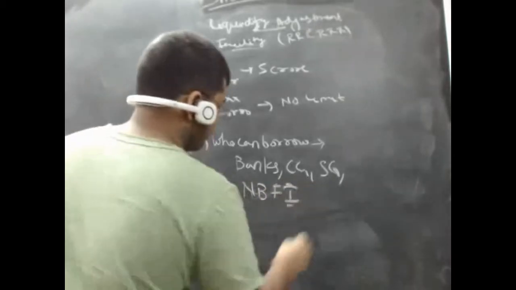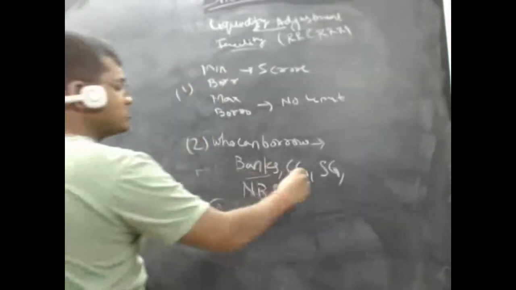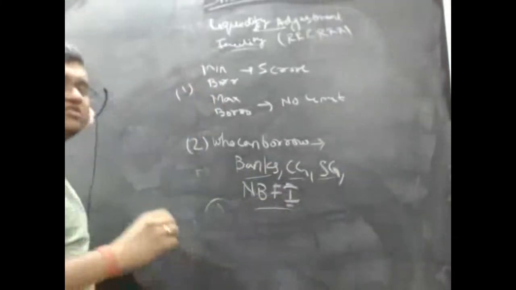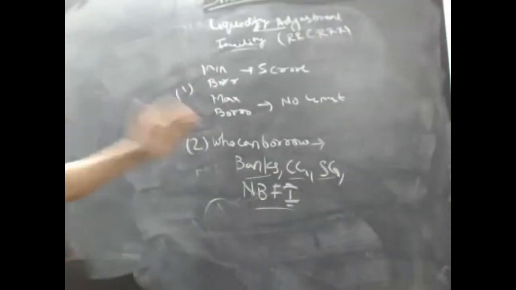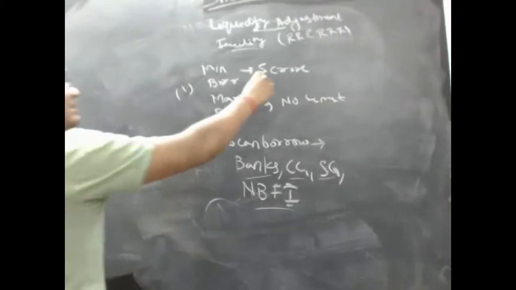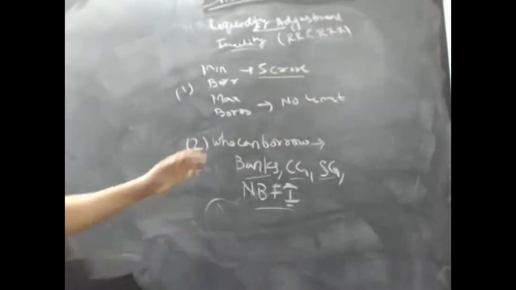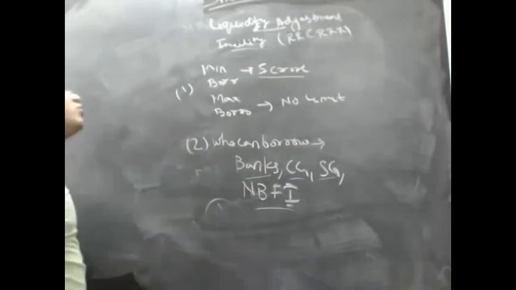If these people need money, they have to borrow a minimum of 5 crore. If they are ready to borrow a minimum of 5 crore, they can go and take a loan at the repo rate from RBI. Okay? Is it clear?